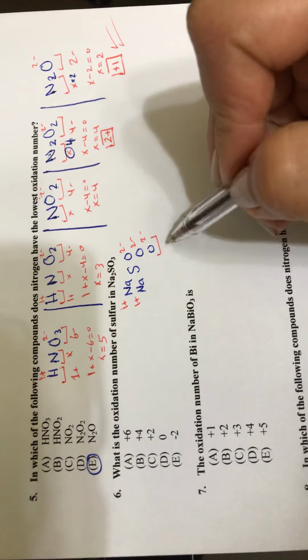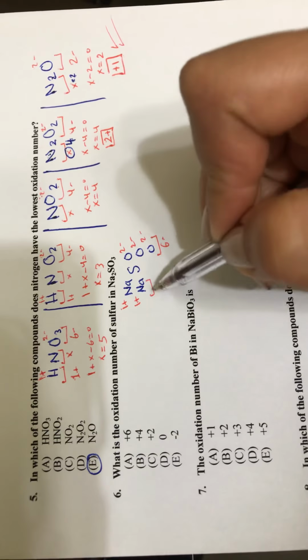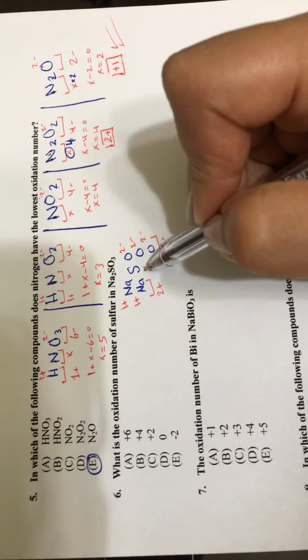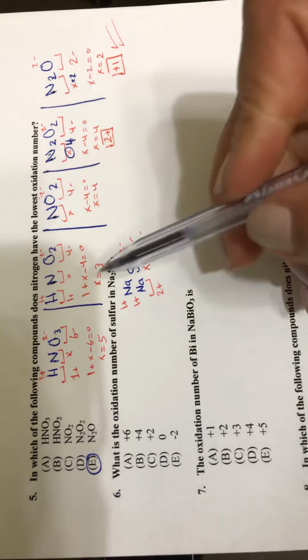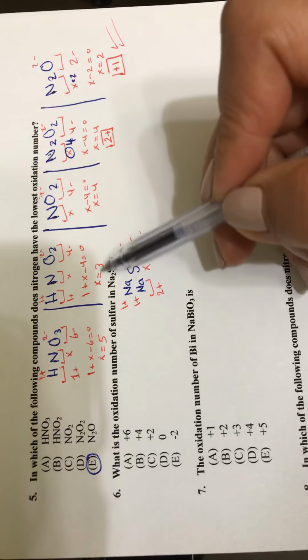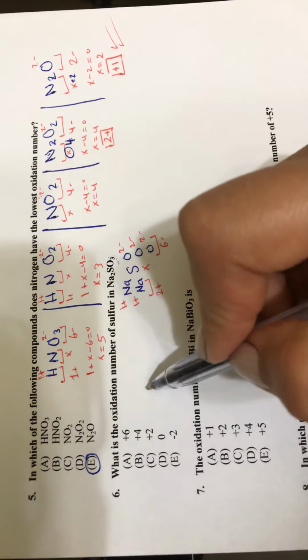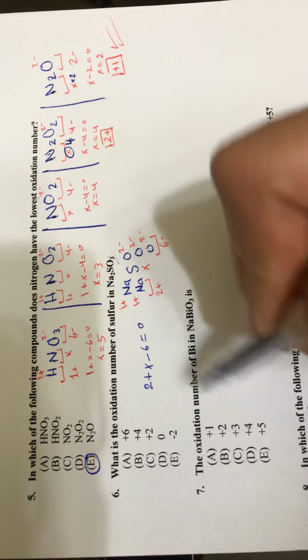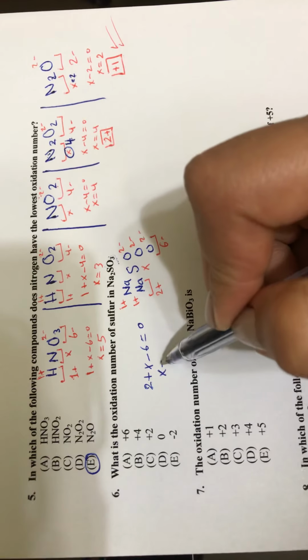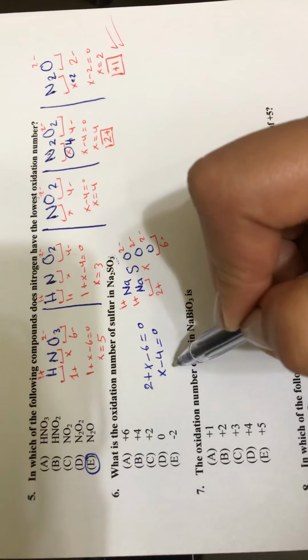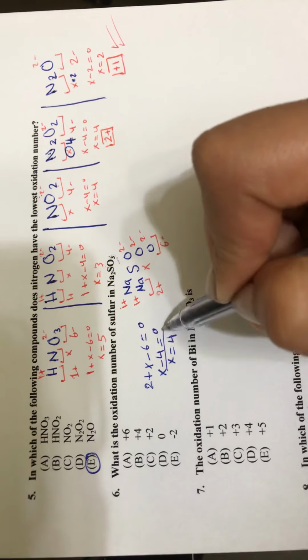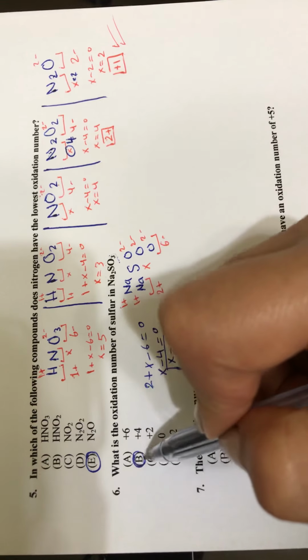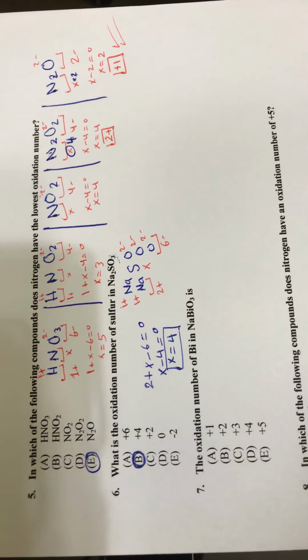So here the total is -6, and here +2, and here x. It's a neutral compound, so 2 plus x minus 6 equals 0. So x minus 4 equals 0, so x equals 4. So the oxidation number of sulfur is 4. So B.